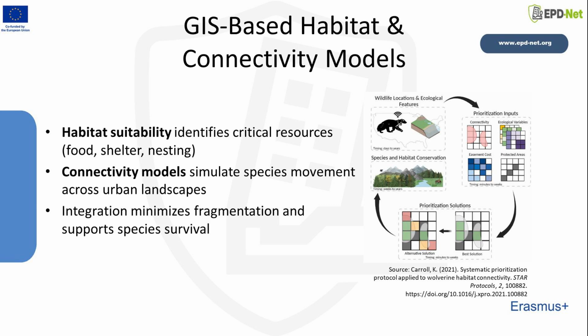The scientific basis for designing an urban ecological network, UEN, lies in identifying where species can survive and reproduce. Ecologists use habitat suitability models, HSMs, and species distribution models, SDMs, to estimate a species' realized ecological niche by linking field observations with environmental variables such as climate, land cover, and topography.